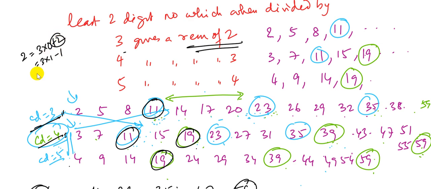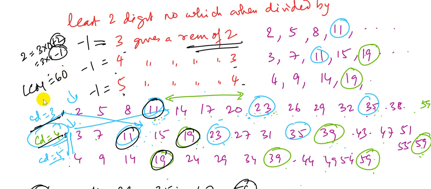So a remainder of plus 2 is equivalent to 2 minus 3, which is minus 1. So the equivalent remainder is minus 1. Here also the equivalent remainder is 3 minus 4, which is minus 1, 4 minus 5, which is minus 1. So now if I apply the concept of LCM of 3, 4, 5, which is 60, and I add minus 1, the answer is 59.